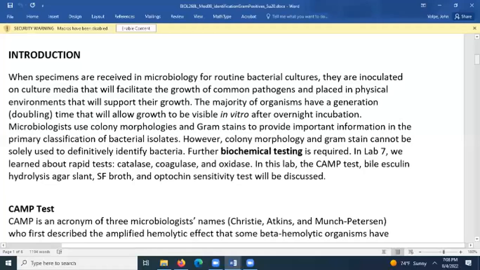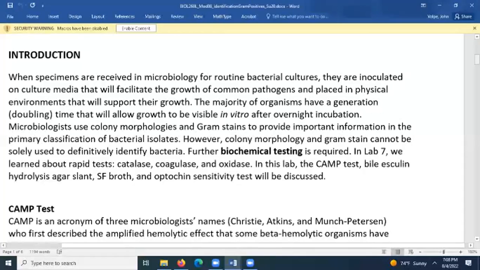Microbiologists can use different colony morphologies and the gram stain to provide important information in classifying bacterial isolates. However, that will not be enough. The colony morphology and gram stain cannot be the sole definitive use to identifying the bacteria. Further biochemical tests are required.